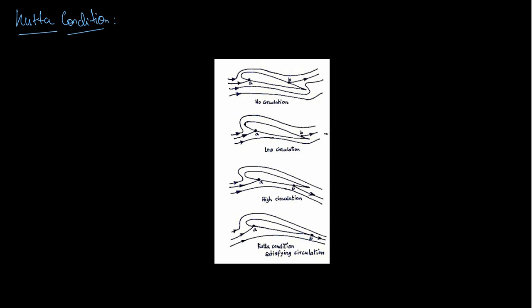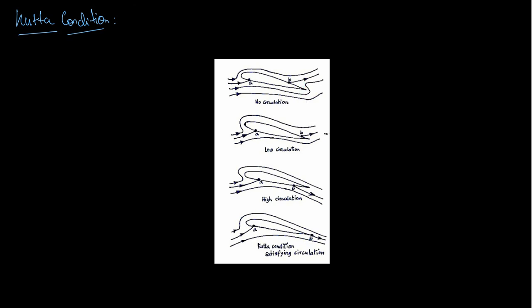That's hypothetical, which cannot happen because circulation is what is creating the lift over an airfoil. If there were no circulation, the stagnation points would have looked like this, and you can see there is a sudden turn at the trailing edge of the airfoil, and this accelerates the flow almost to an infinite extent, and that is not possible. That does not happen in reality also.